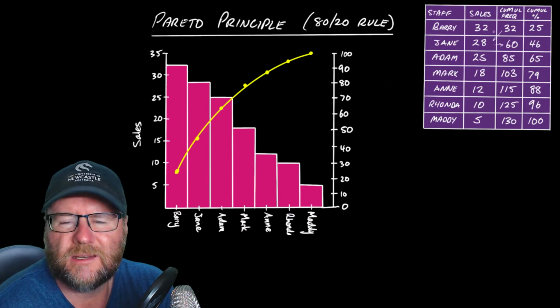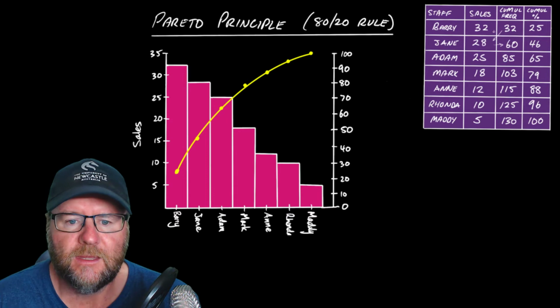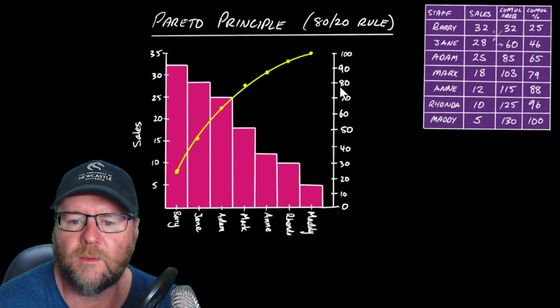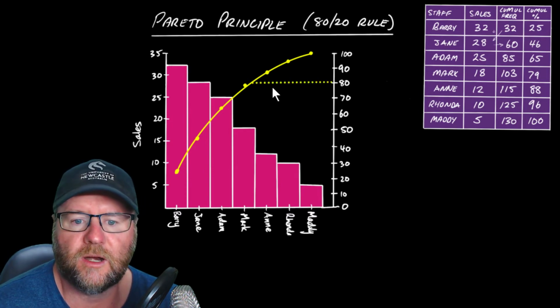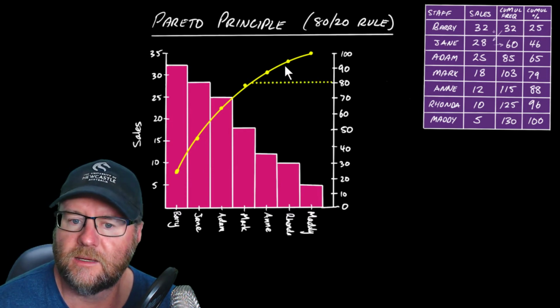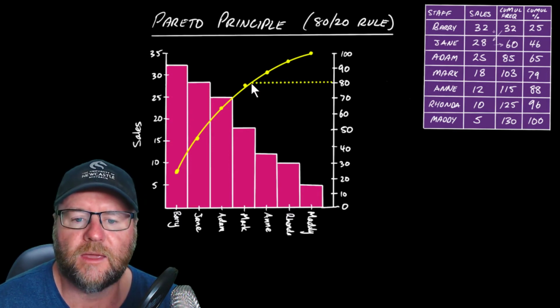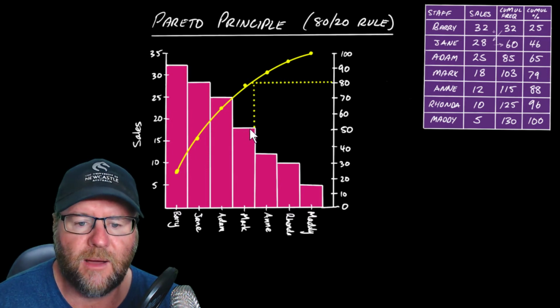Now, what does that show me? The Pareto chart is showing me this 80-20 rule visually. What I mean by that is if I come up to 80% and draw a line across till it hits my cumulative frequency curve, I can then drop that down and I can see everything above this point.